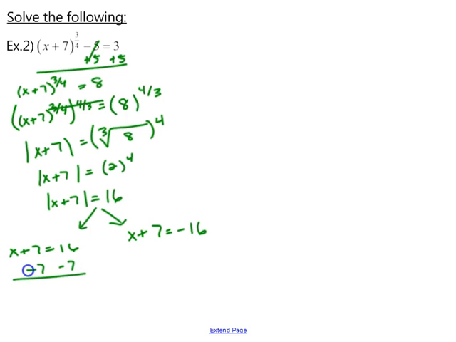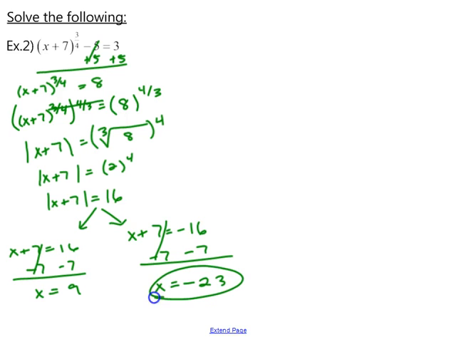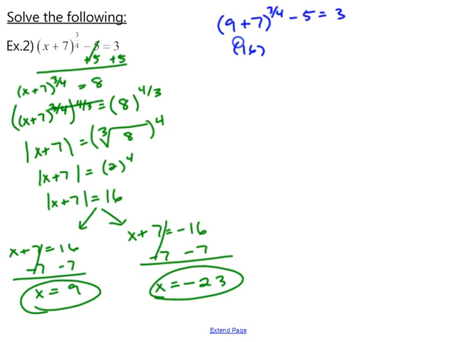Subtract 7, so we have x is equal to 9, and then subtract 7 on this side, and we have x is equal to negative 23. So these are our two solutions, and then we need to go through and check and make sure that both of them work. So when we substitute in x equals 9, we have 9 plus 7 raised to the 3/4 power minus 5 equal to 3. 9 plus 7 is 16.